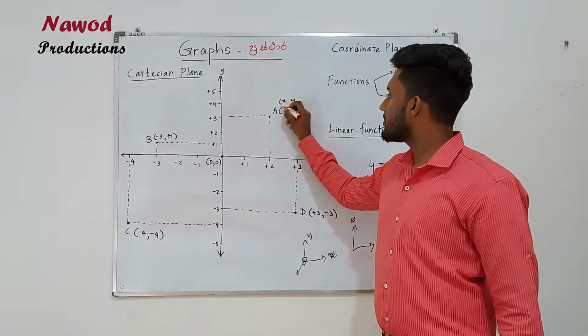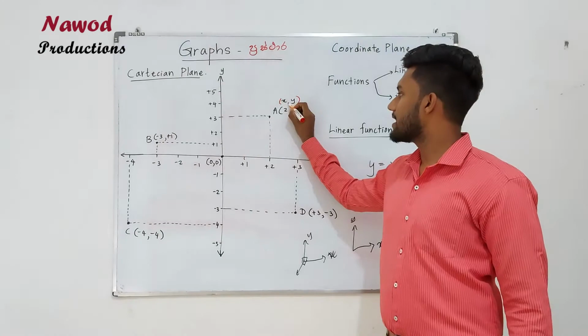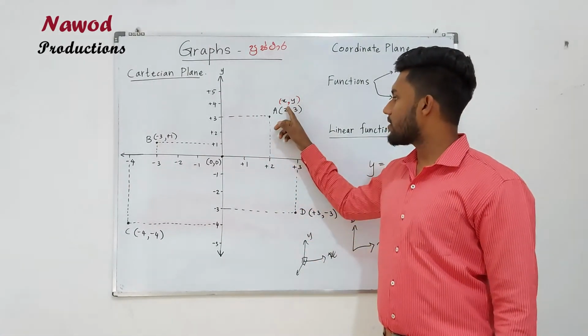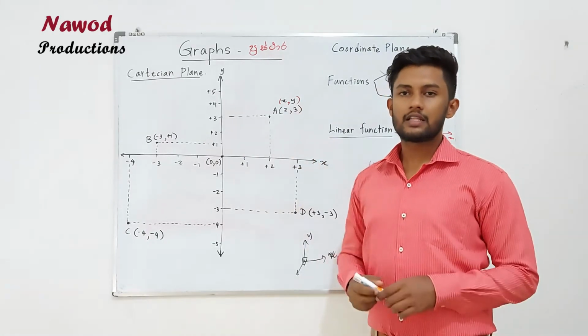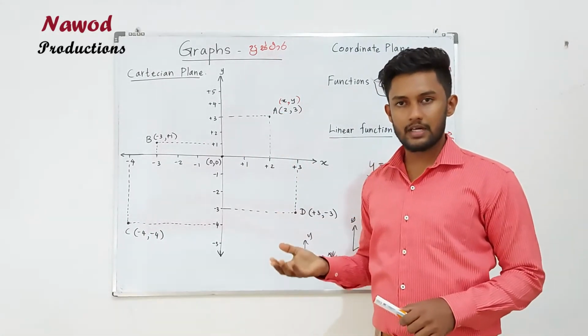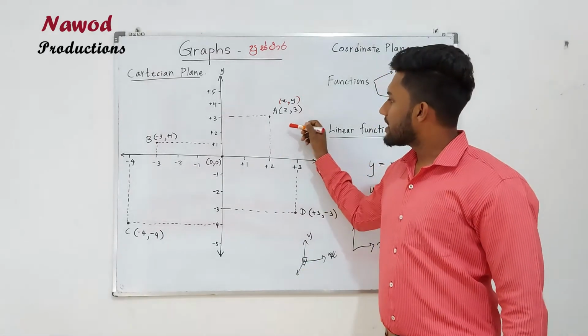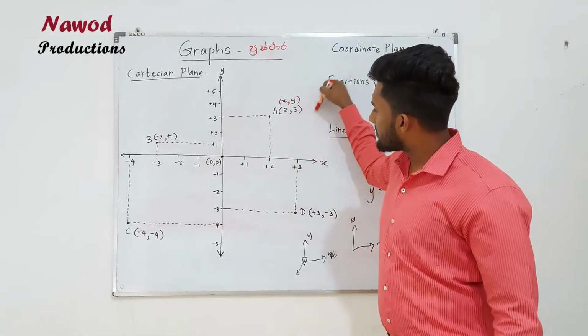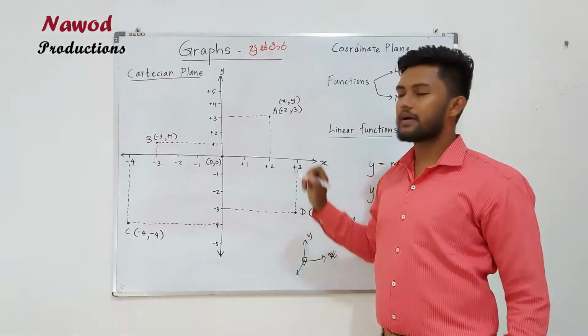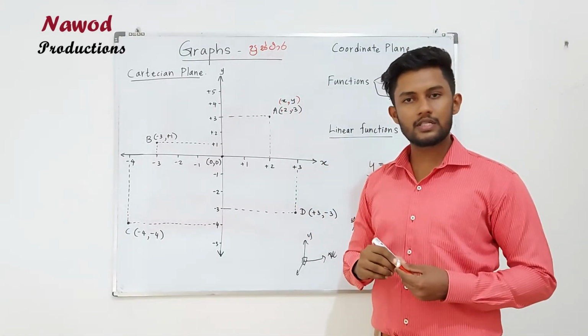You have x and y, the x coordinate and the y coordinate. We want to write the x coordinate first and after that the y coordinate when naming a point, or else naming a coordinate. When considering this area, both the x and y values are plus, or else positive values.